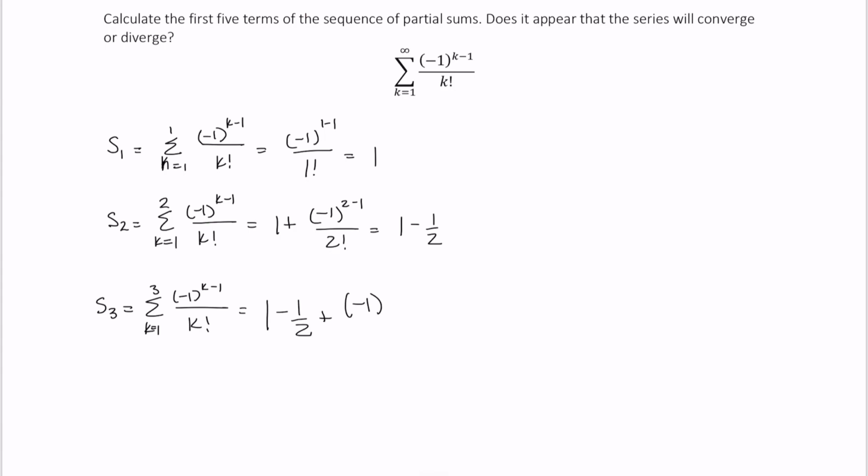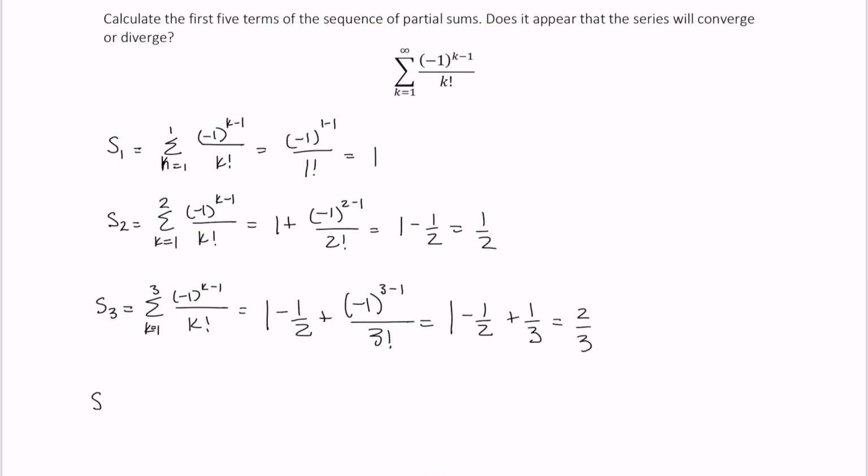To that, I'm going to add negative 1 to the 3 minus 1 power over 3 factorial. That's 1 minus 1 half plus 1/3. And that works out to be 2/3. When you're looking for patterns, I'm going to suggest you stop right before rewriting this as all one fraction. For this one, it won't matter so much, but for future examples, it might.